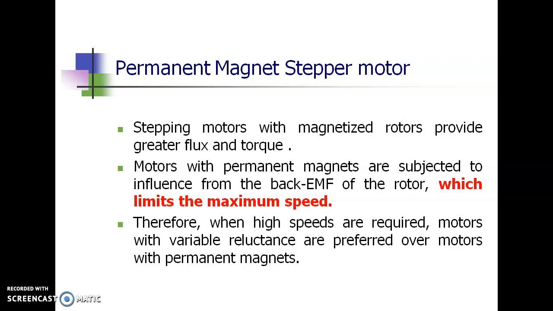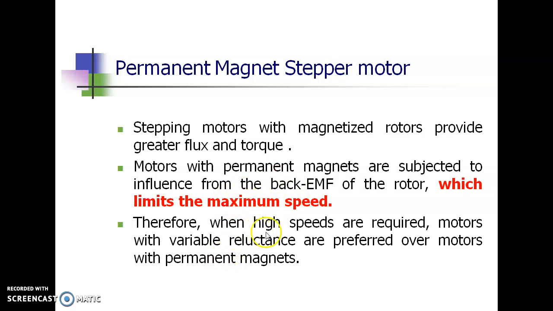We already provide an input voltage to the windings, but because of the rotation of the permanent magnet, another EMF, the back EMF, is also produced. This resists the input voltage, and so the maximum speed gets limited.